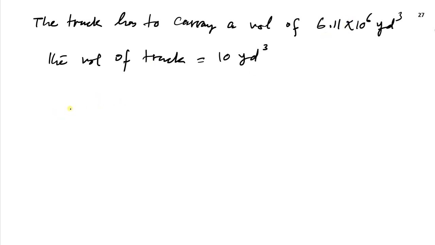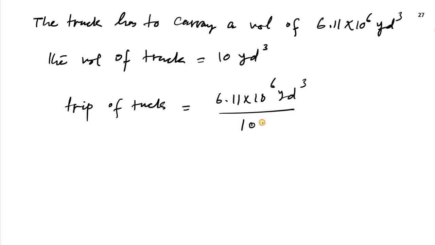The trips of the truck, if we have just one truck, is going to be equal to 6.11 times 10 raised to the power 6 cubic yard divided by 10 cubic yard. This is going to give us 6.11 times 10 raised to the power 5 passes. It means if we have just one truck, then that one truck needs to go 6.11 times 10 raised to the power 5 times.